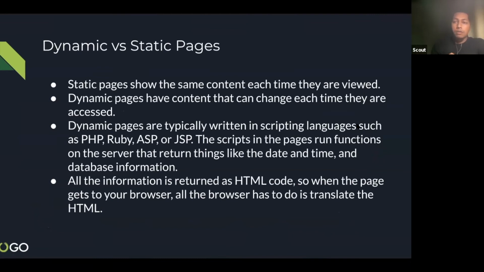Example of static pages. Can anyone give an example of static pages? Wiki is a very simple example of static pages, where a lot of content is written. You can only go there and read. You cannot edit or change anything. An edit option is there nowadays, but mostly people go there and read the text.